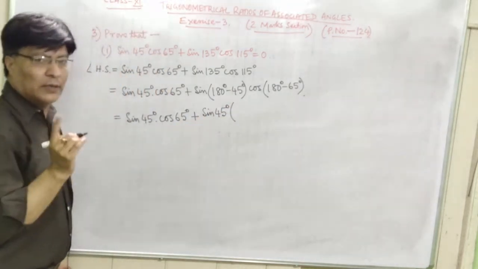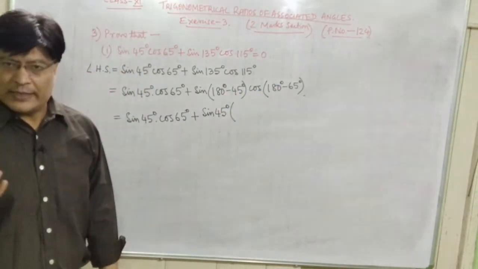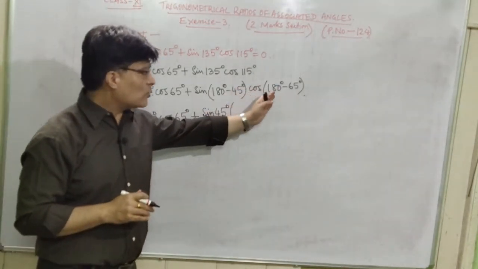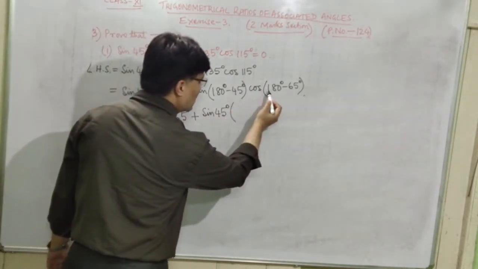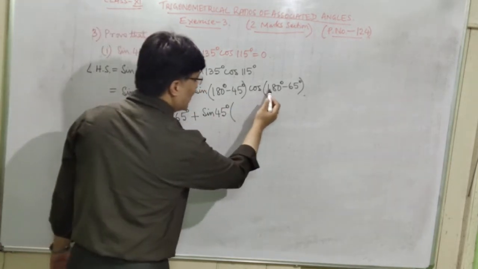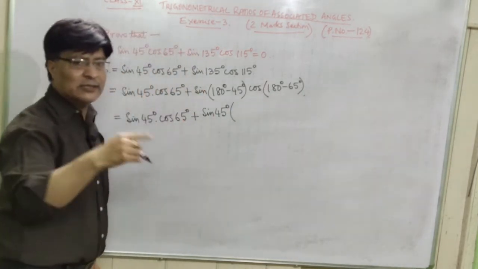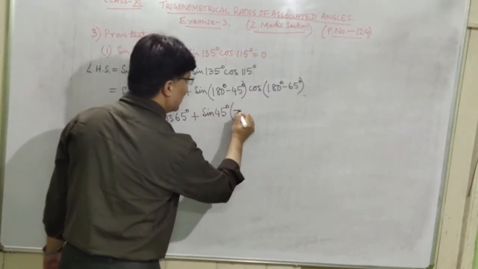into. Now what is the formula for cos 180 minus 65 degree? Can you tell me this one? What is cos 180 minus 65 degree? What is the formula? First of all, you should check in which quadrant the angle lies. 180 degree minus 65 degree lies in the second quadrant. And in the second quadrant, cos is always negative.